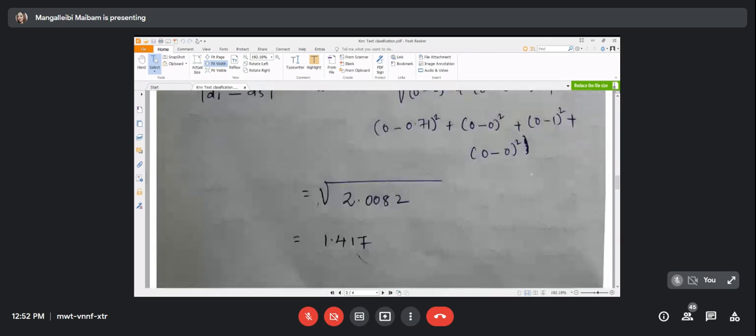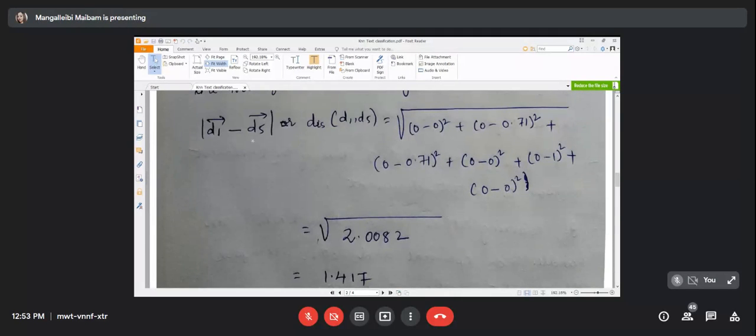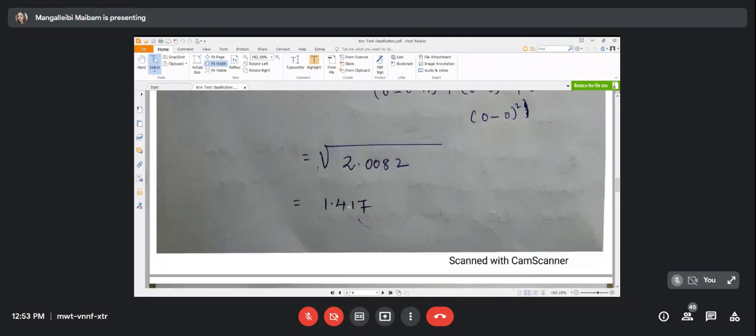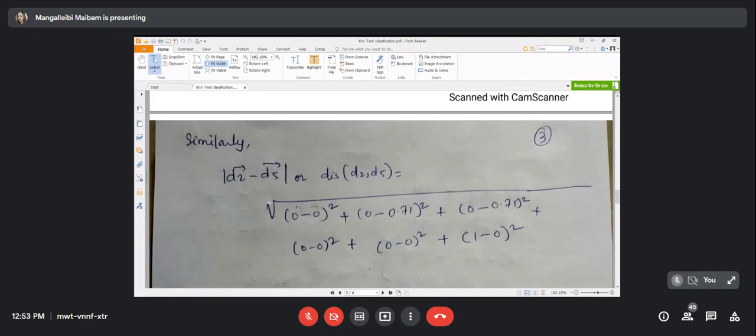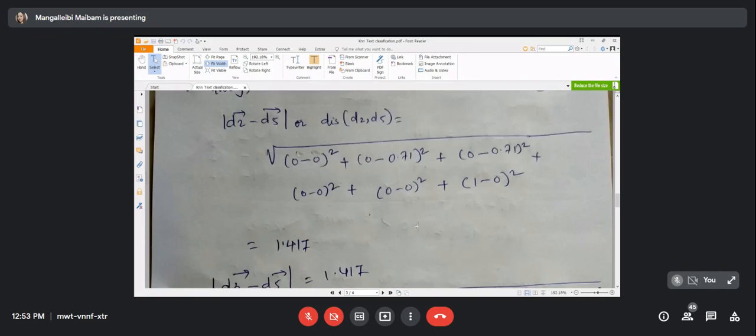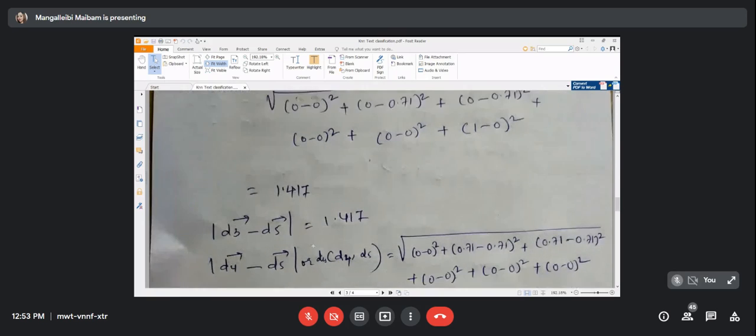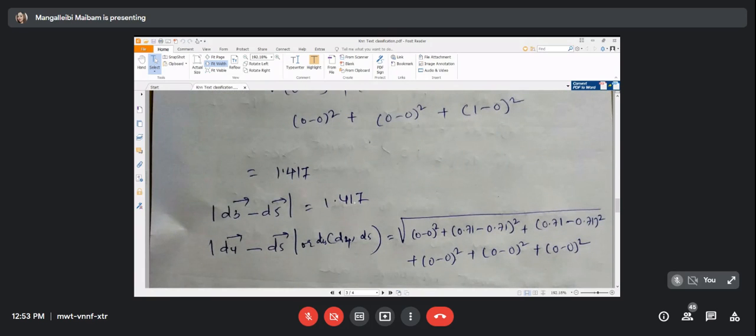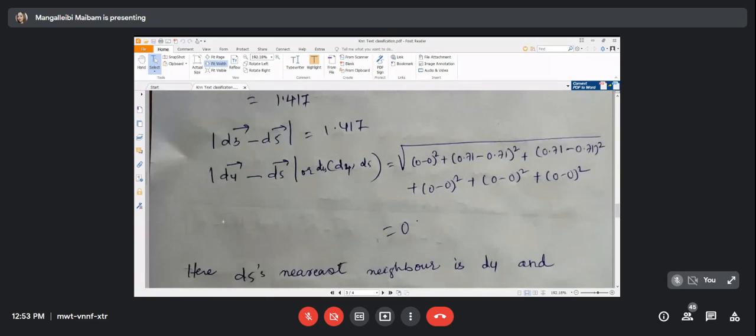The result for d1 and d5 distance is 1.417. Similarly, d2 and d5 is 1.417. d3 and d5 also we got the same result. d4 and d5 is 0.